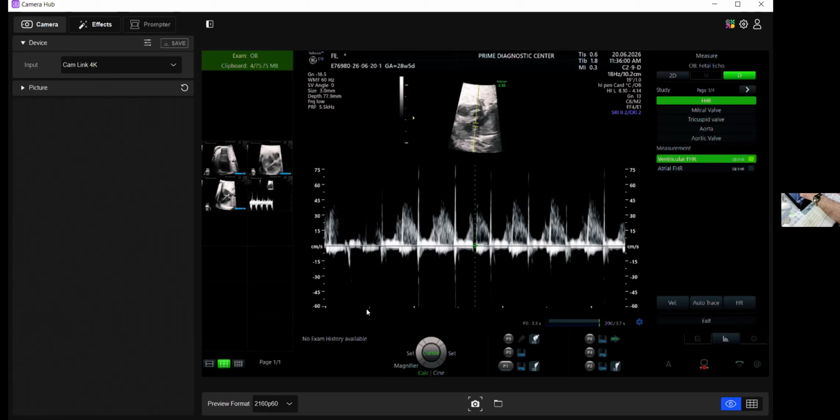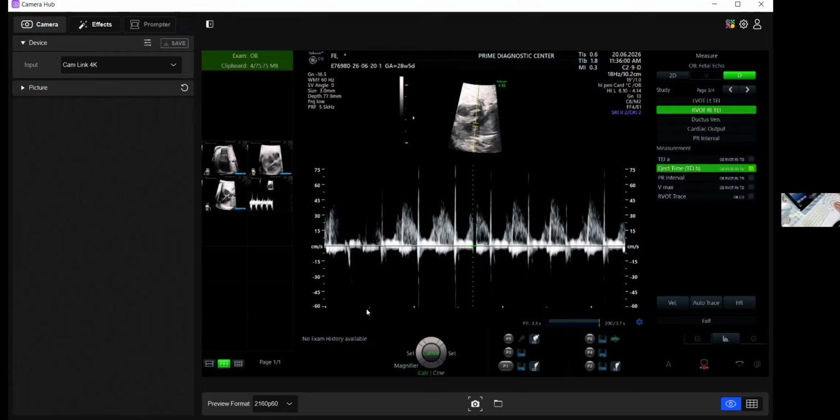Okay, so then we want to go to tie index, and they've written the right ventricle tie index. They've not written left ventricle tie index, but it means the same, RVOT tie index. Okay, and then A is B is the ejection time, and then we take this B from here to here.